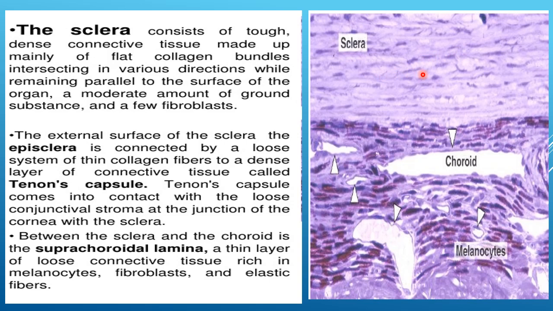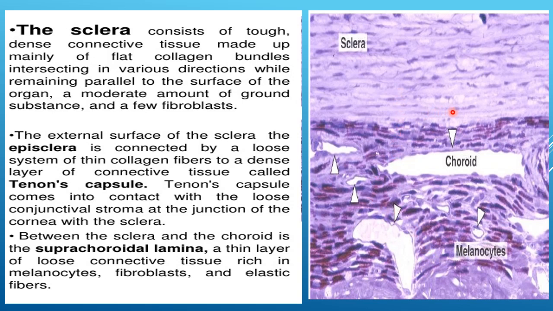In this picture you can see that this is the fibrous avascular sclera, which depends for nutrition on the underlying choroid. Here you can see there are many blood vessels in the choroid, and these are fenestrated capillaries. I will show you in the next slides, along with these pigmented cells which are the melanocytes.